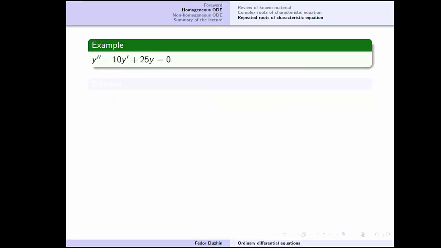So in this case, notice that the corresponding characteristic equation is going to be r squared minus 10r plus 25, which means that this is a complete square, so we have r minus 5 squared, and it is 0, of course, whenever r equals 5, right?